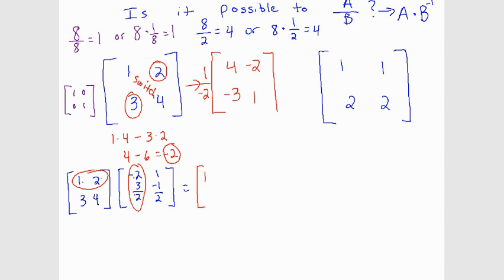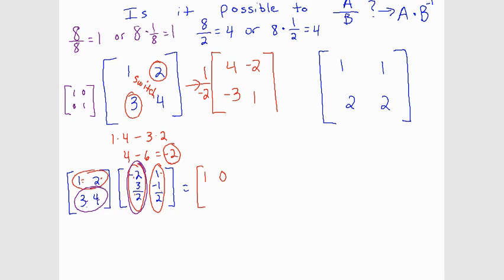So far, so good. We're going to multiply by this column now. 1 times 1 is 1. 2 times -1/2 is -1. So 1 plus -1 is 0. Awesome. Now we're going to take this row and multiply it by this column. 3 times -2 is -6. 4 times 3/2, well, that'd be 12 over 2, 6.